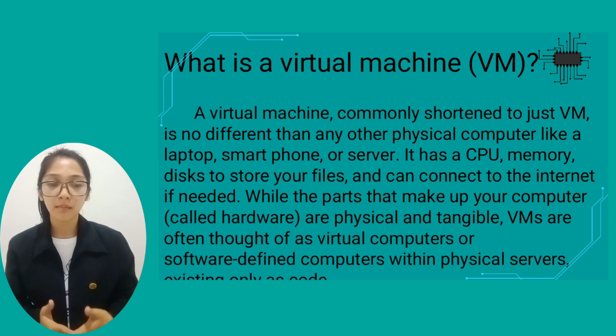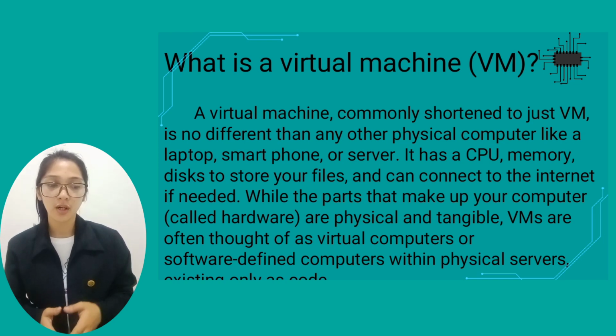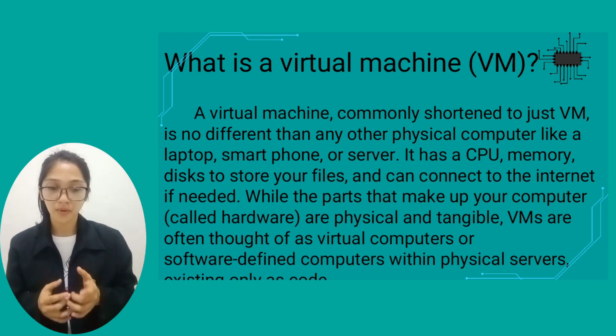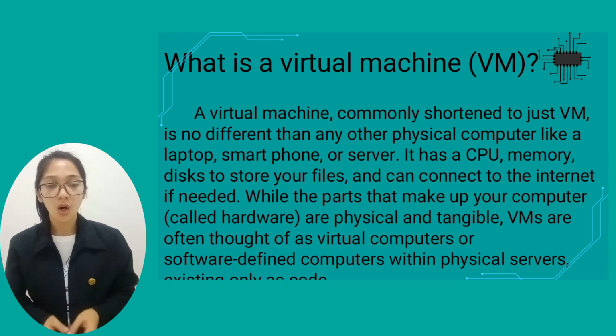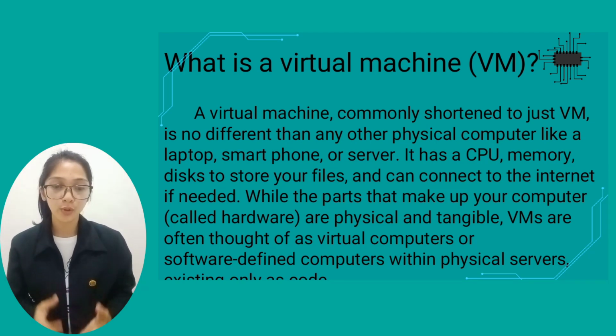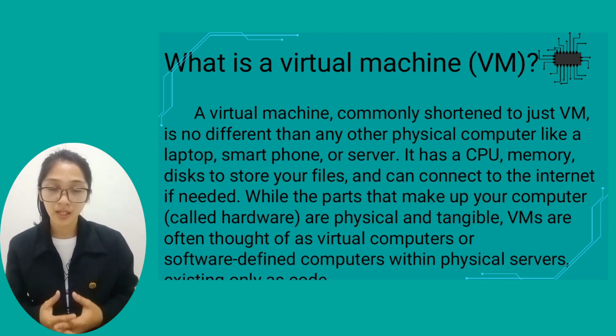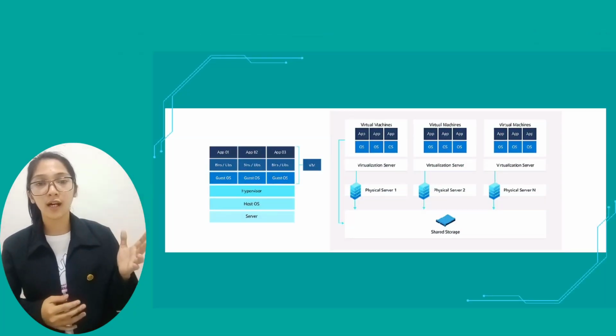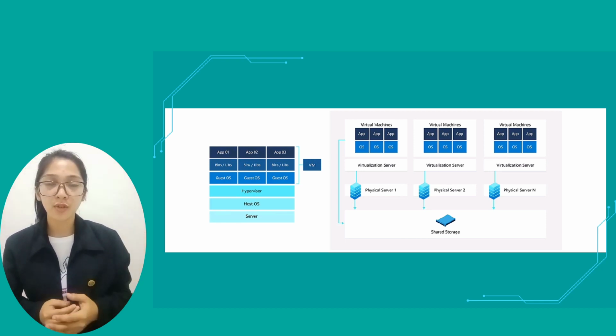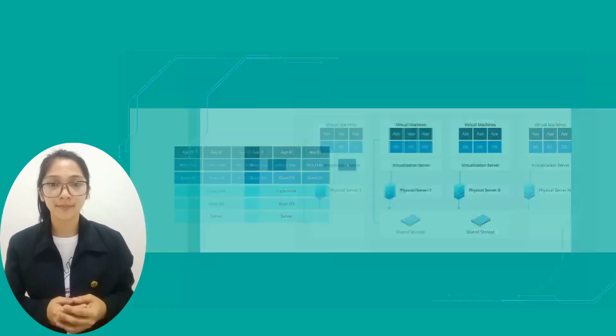While the parts that make up your computer, called hardware, are physical and tangible, VMs are often thought of as virtual computers or software-defined computers within physical servers, existing only as code. So this is a model of the VMs, or the virtual machines.